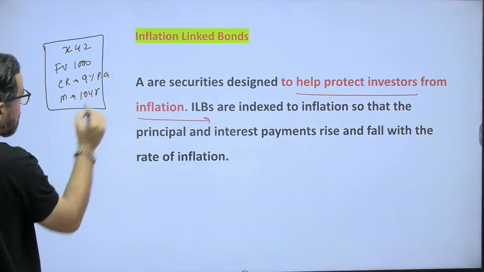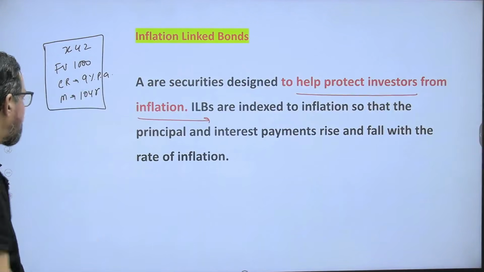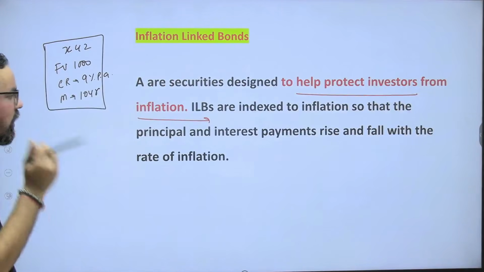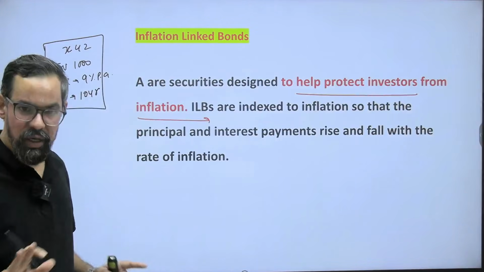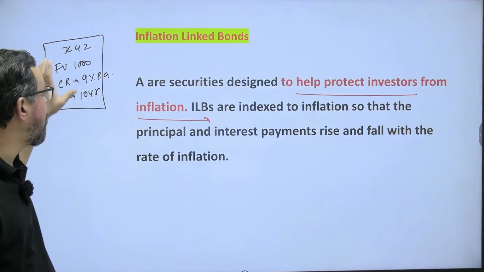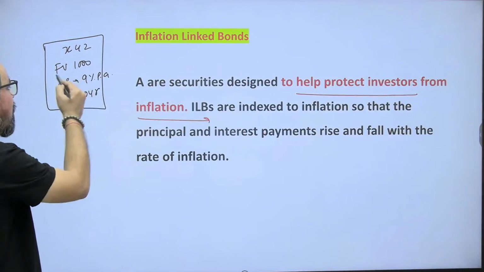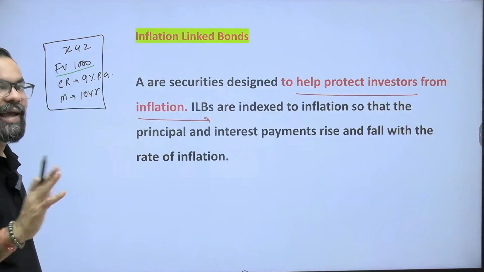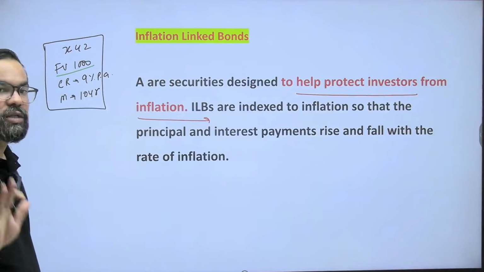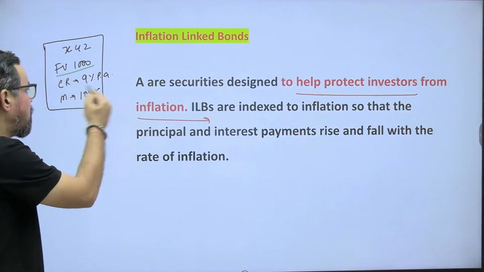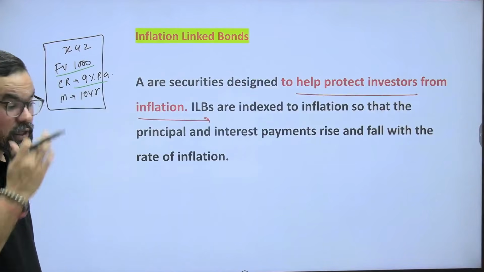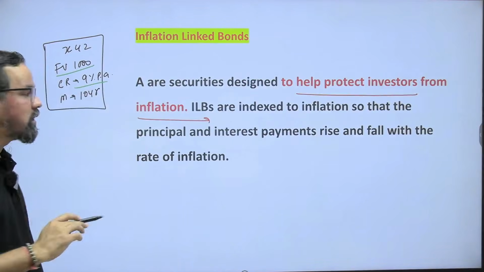The simple meaning is that if you pay 1000 rupees today, every year we will pay you 9% interest on that, for the next 10 years. This is usually how we make these investments.